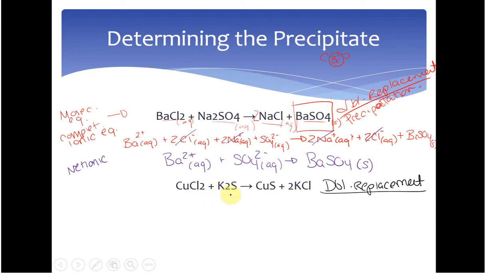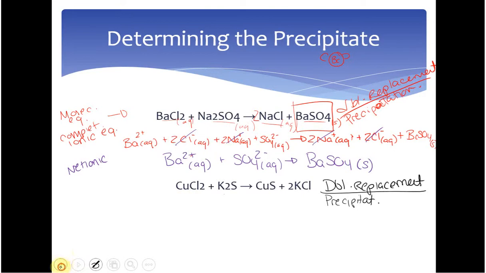You need an acid and a base to have an acid-base reaction. Again, we haven't gotten to redox, so we're just going to assume it's not redox yet. But it is going to be a precipitation. So in lab, you would classify this as a double replacement and a precipitation reaction. So let's find our precipitate.